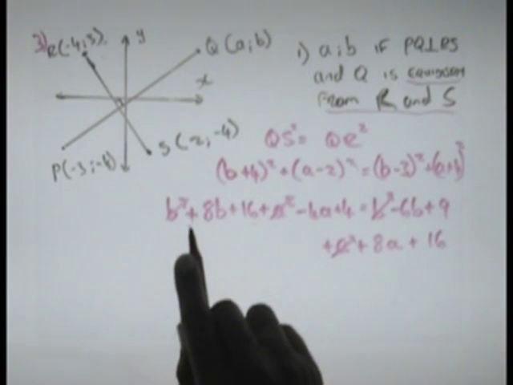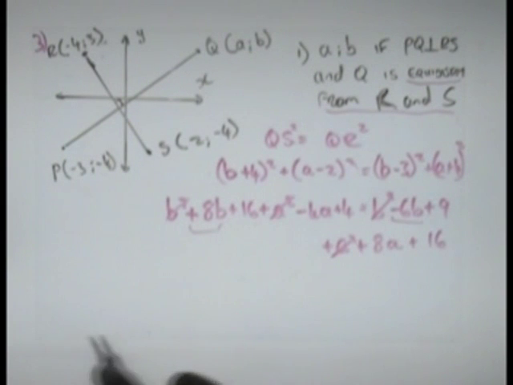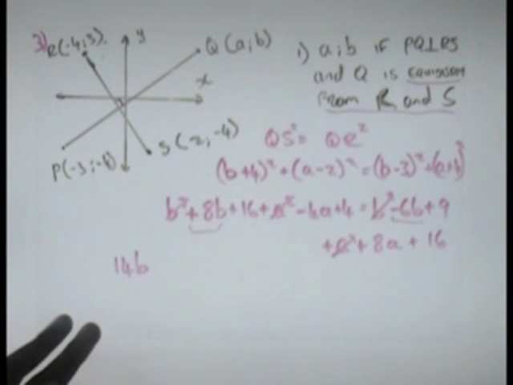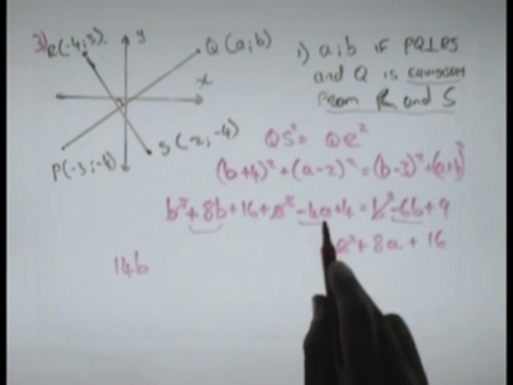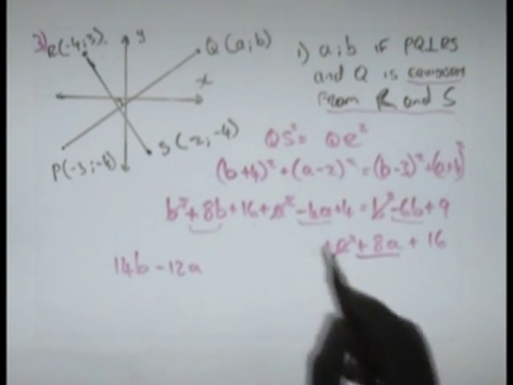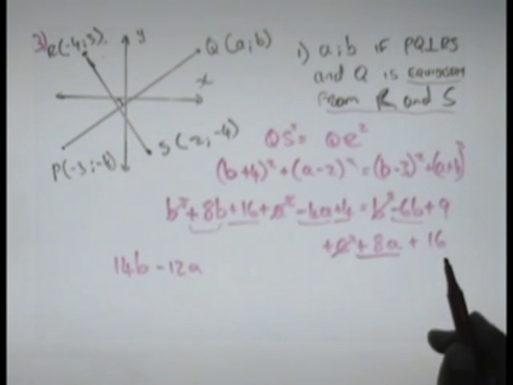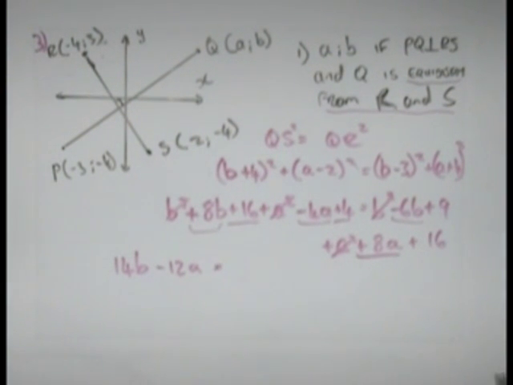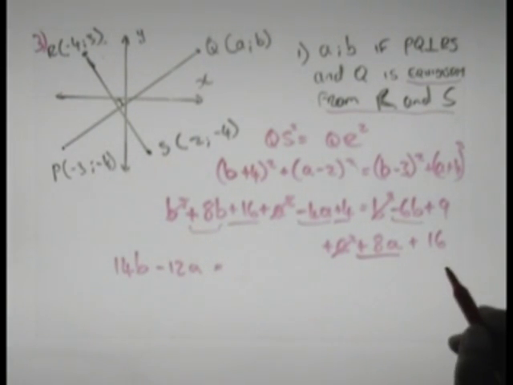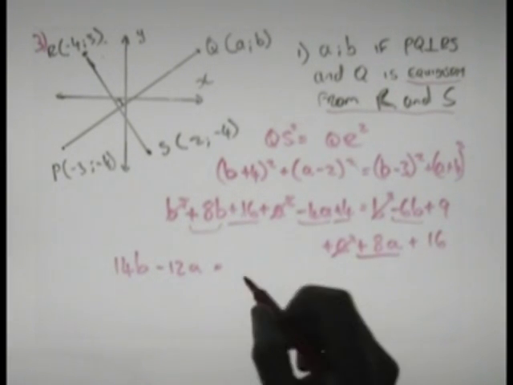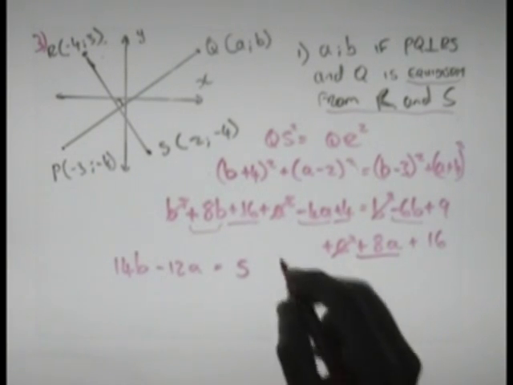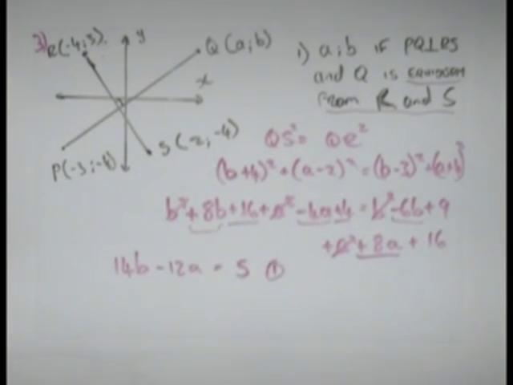So 8b minus 6b taken across becomes plus 6b. 8b plus 6b is equal to 14b, minus 4a minus 8a, when I take it across, will be minus 12a, plus 16 plus 4 is going to give me plus 20, taken across to the other side is equal to plus 9 plus 16 is plus 25, plus 25 minus that 20 is going to give me plus 5. That means that 14b minus 12a is equal to 5, and that's my first equation.